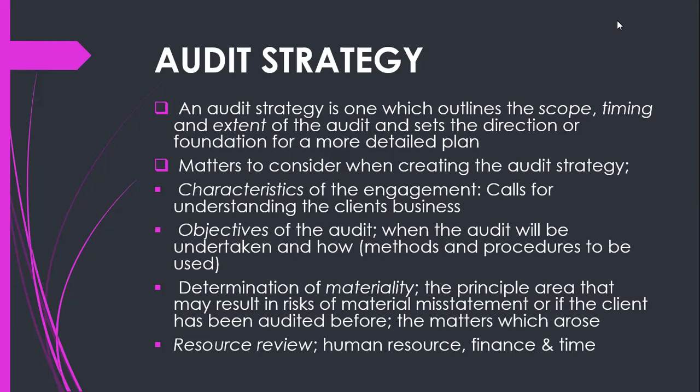Then also determine materiality. So materiality, we said a misstatement is material if it affects decision making of the users of those financial statements. So we need to determine the level of materiality. So we need to set a certain level, saying, okay, this particular level, if maybe sales revenue is misstated by 5%, so if the misstatement is 5% of the particular revenue, so maybe the receipt that wasn't included in the books is 5% of the revenue, then we can say that's material to the financial statements.